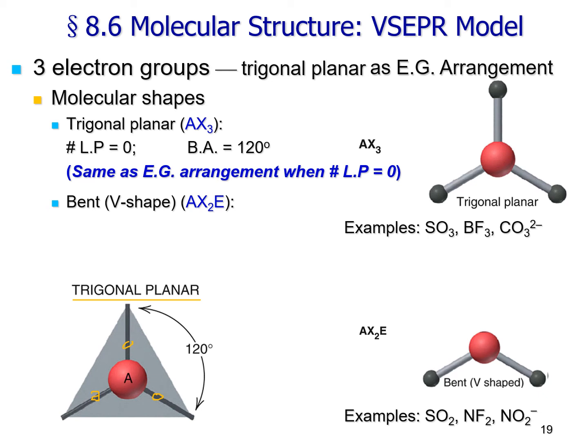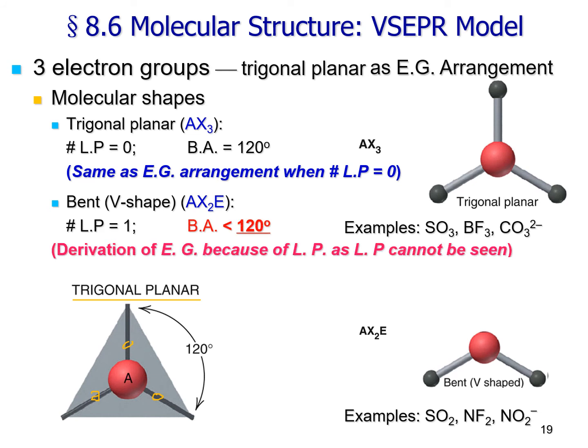A better way to describe it is bent or V-shape. Why V-shape? Because we understand there's going to be an electron group on top of it in order to make it symmetric, and it has to be a lone pair because there's no atom on the other end. So that's a pair of electrons that cannot be detected.